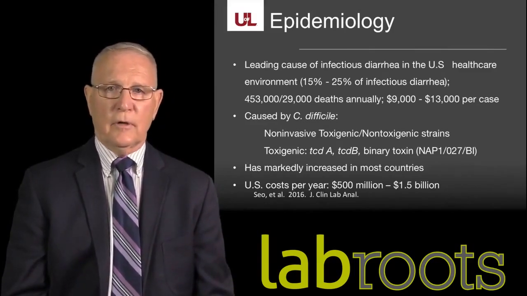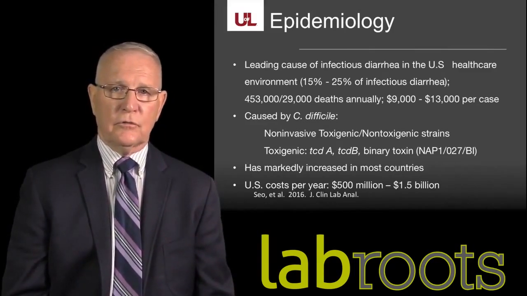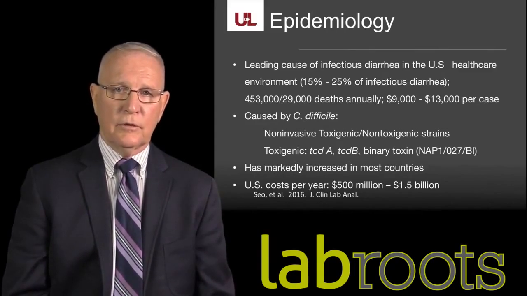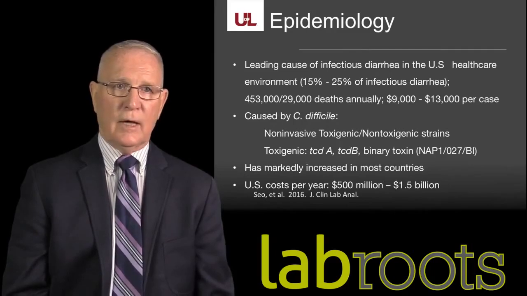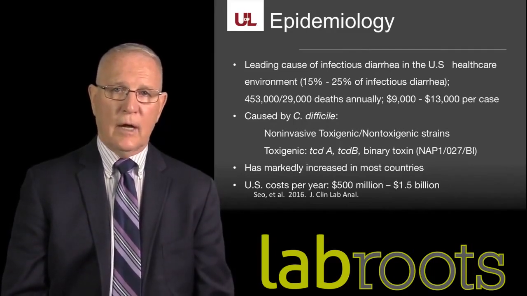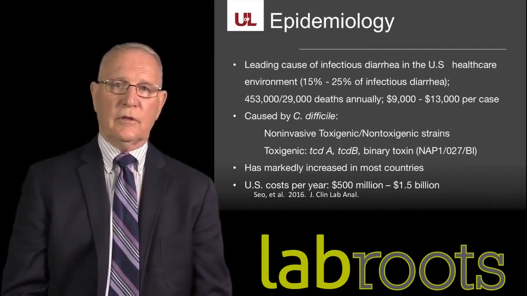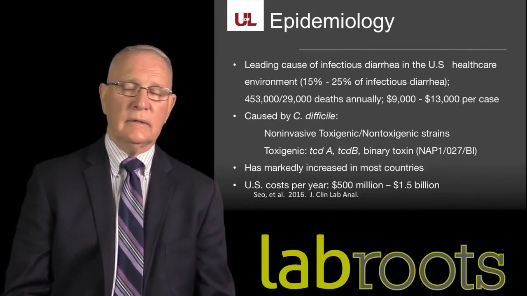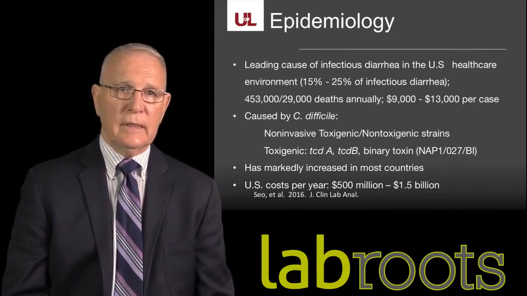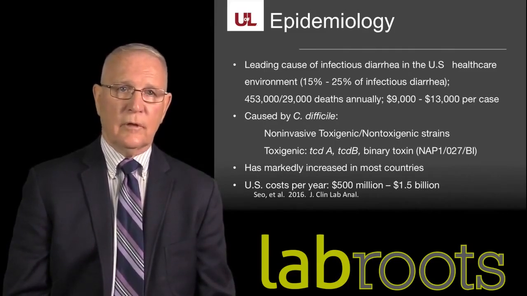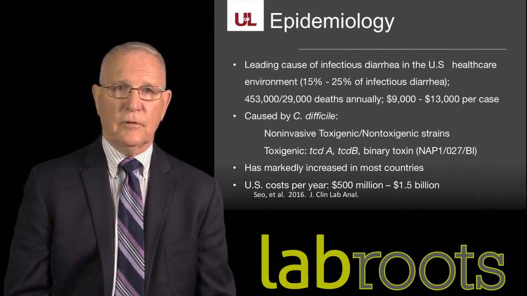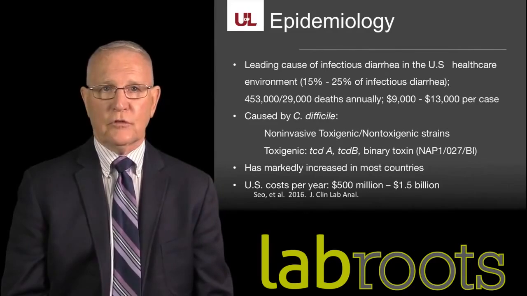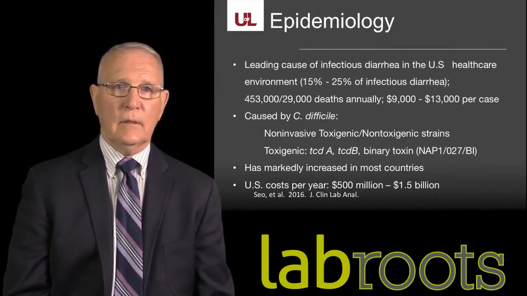The toxigenic strain is the most important one of the two in that it produces toxins. The three toxins that are produced by the toxigenic strains include toxin A, toxin B, and occasionally there are strains that will produce the binary toxin, sometimes referred to as NAP1, O27, and BI.